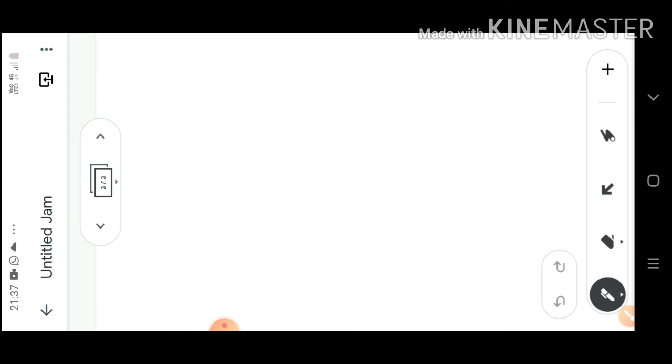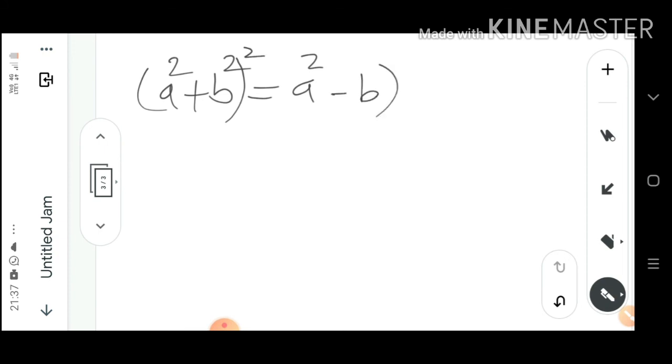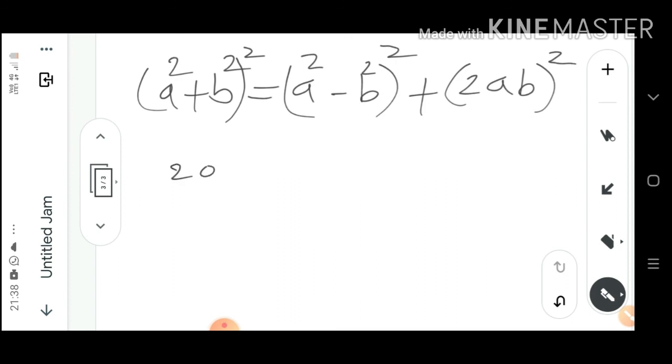So (A square plus B square) bracket square is equal to (A square minus B square) bracket square plus (2AB) bracket square. Now A square plus B square is 202 bracket square.